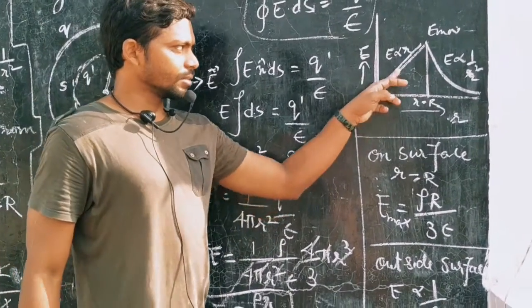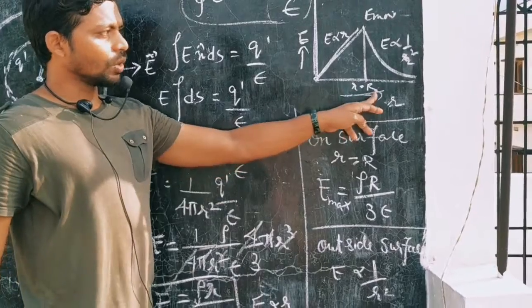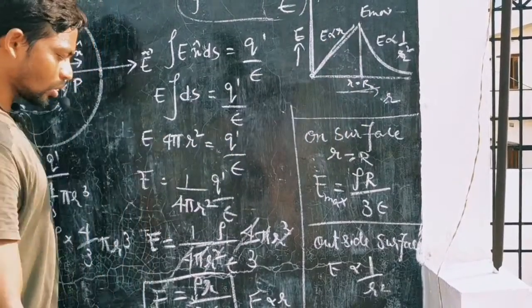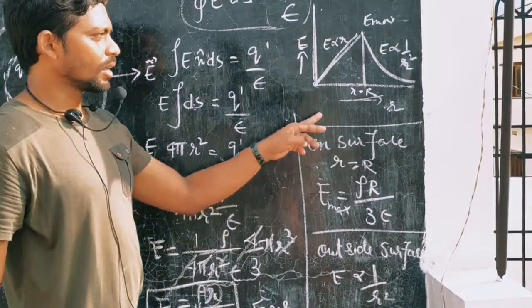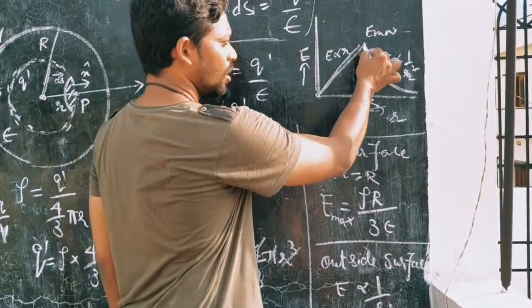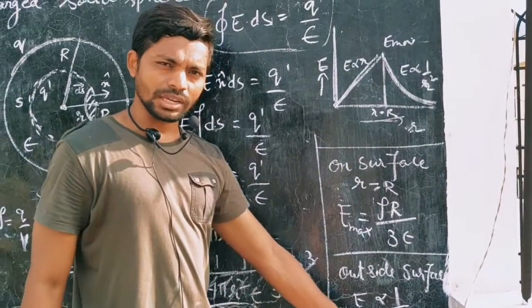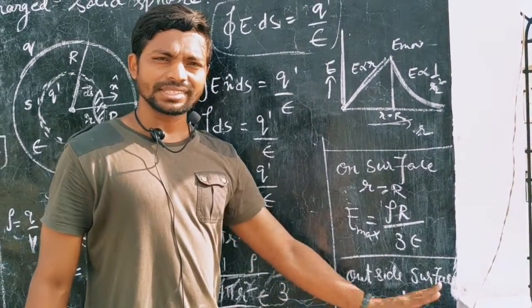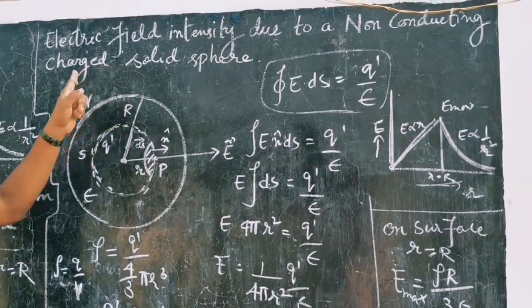Exactly on the surface, when r is equal to R, E becomes maximum, and from there on the E value decreases because it is inversely proportional to r square. This is how we understand electric field intensity due to a non-conducting charged sphere.